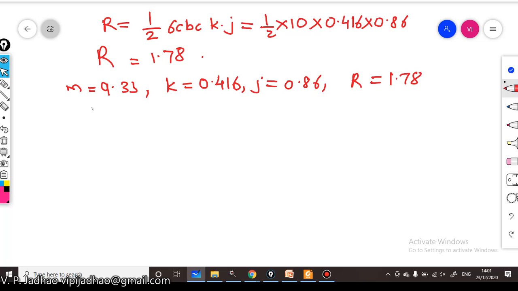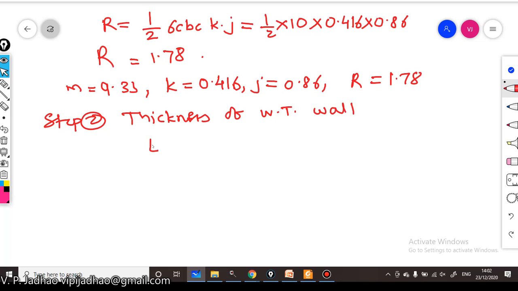Now we have to find out the thickness of the water tank wall. So step 2, thickness of water tank wall. Let us consider the thumb rule formula: T is equal to 30H plus 50, where H is in meters.